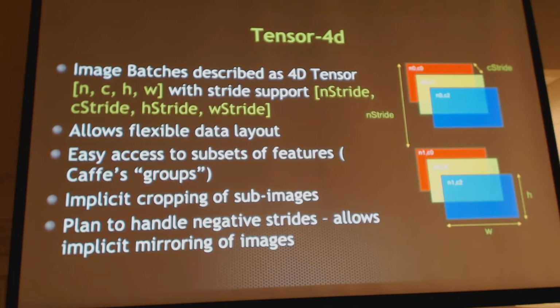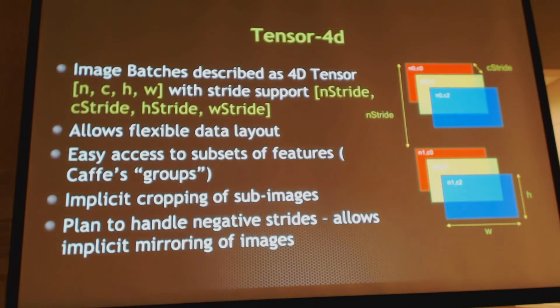This is the main data structure we use to store our images. It's a 4D tensor. The 4 dimensions are N, C, H, and W. N represents the index in the batch, so 1 to 128 or 1 to 256. C is the color plane itself. H and W are, of course, the height and width of the image.